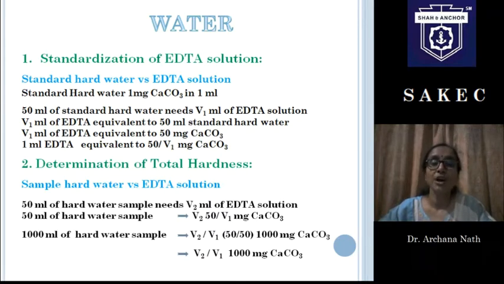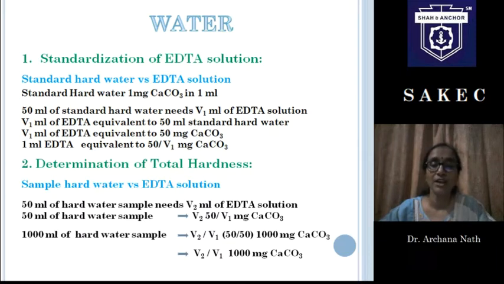Now 50 ml of sample hard water is equivalent to V2 into 50 by V1 milligram of calcium carbonate. Got it? 1 ml of EDTA is 50 by V1 milligram of calcium carbonate, so whatever we have obtained from the first step, we have to put it here. So V2 ml of EDTA means V2 into 50 by V1 milligram calcium carbonate.